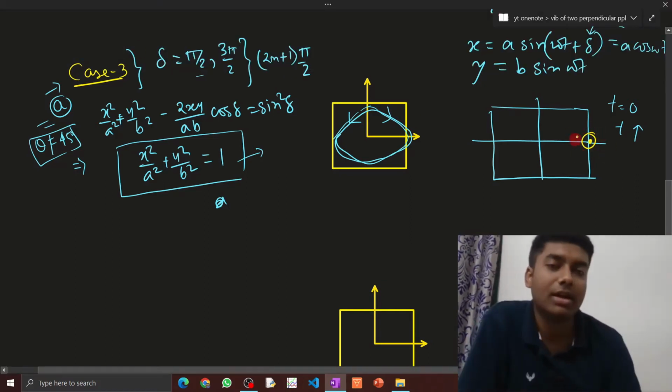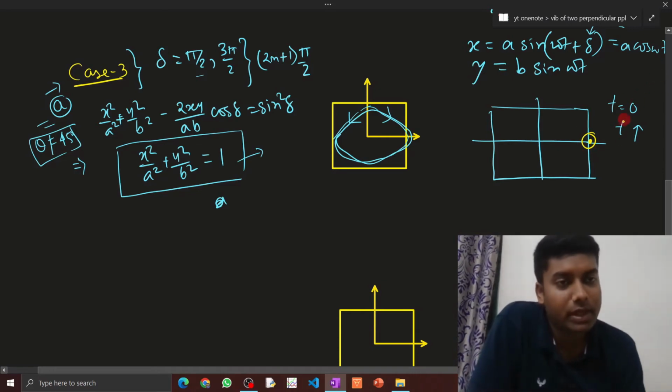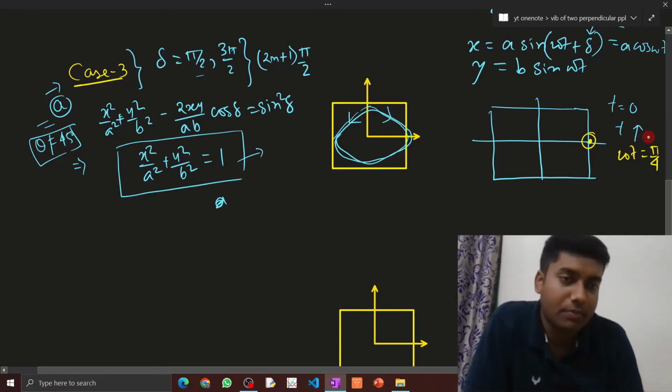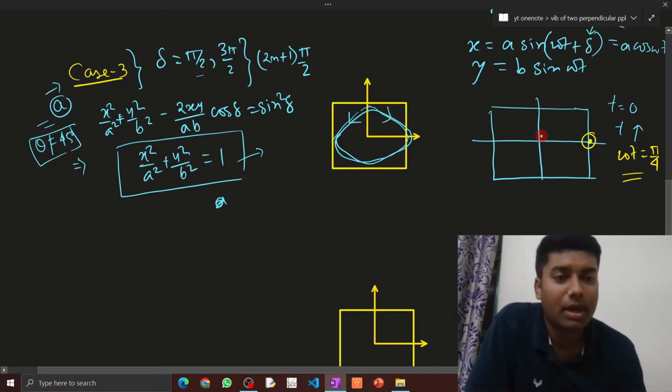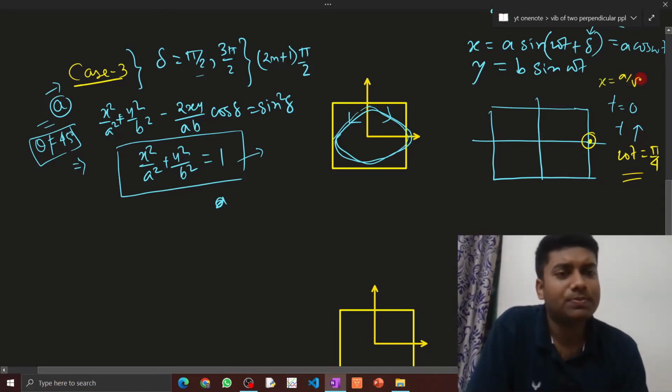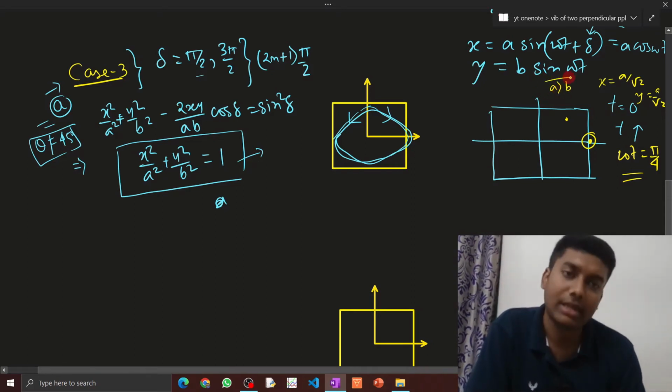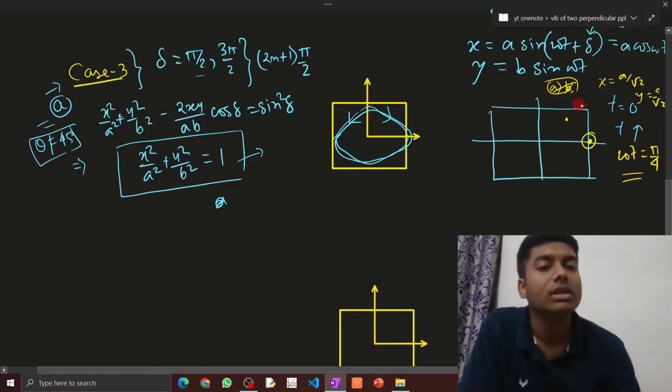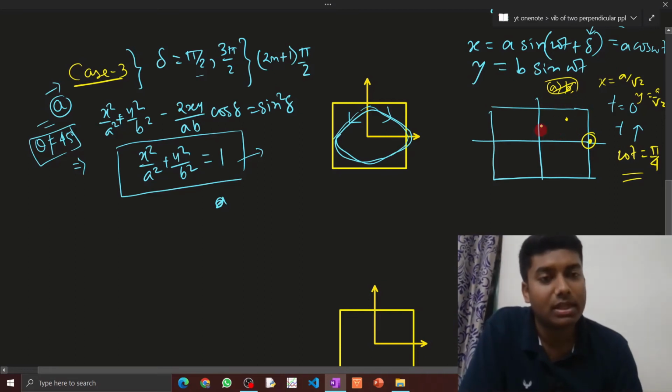Now as time increases, suppose at a time when omega t is equal to pi by 4, then x will be a by root 2 and y will be b by root 2. That means that will be a point like here, depending on whether a is greater than b or b is greater than a, but it will be in the first quadrant.